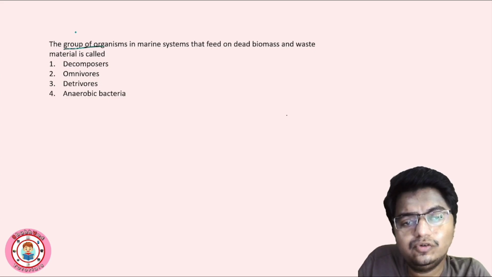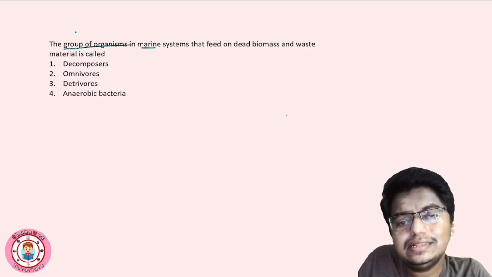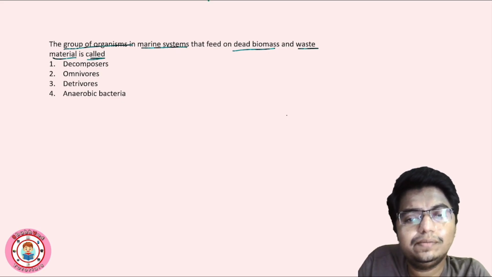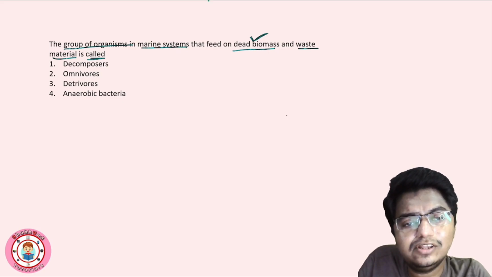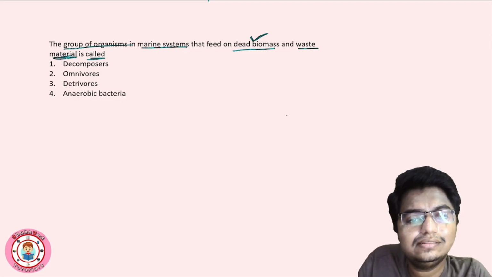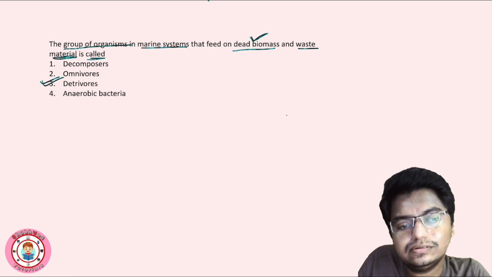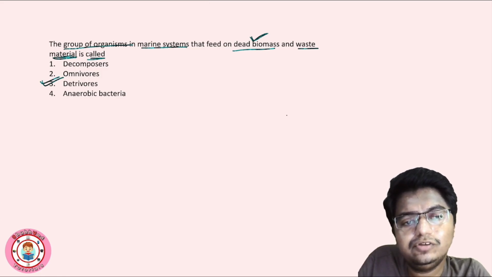The group of organisms in a marine system that feed on dead biomass and waste material is called, okay, biomass as well as waste material. These are detritivores, right? Detritivores. Direct question. If you know this, you should answer.